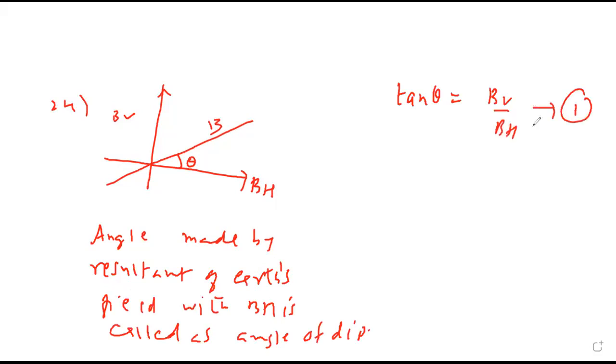Now see what they are telling. When the magnet is suspended at 30 degree to magnetic meridian, not in magnetic meridian, then dip needle makes 45 degree with horizontal. Then real dip is how much?